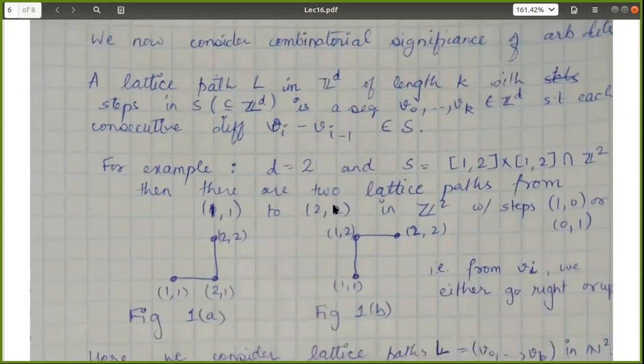For example, if you take d to be 2, so I'm working just in Z2, and S to be the set [1,2] intersection Z, crossed with [1,2].